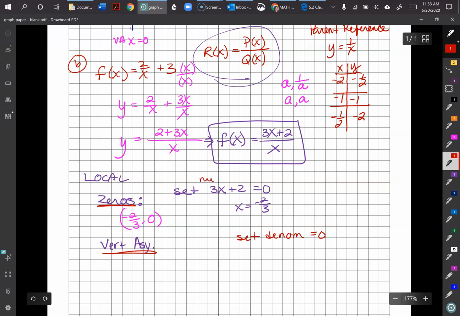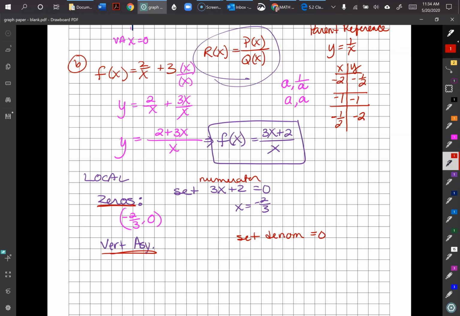This was the numerator. So set the denominator equal to 0 because that's a situation where the line, or the curve, can't touch through at all. And in this case, it would just be 0.